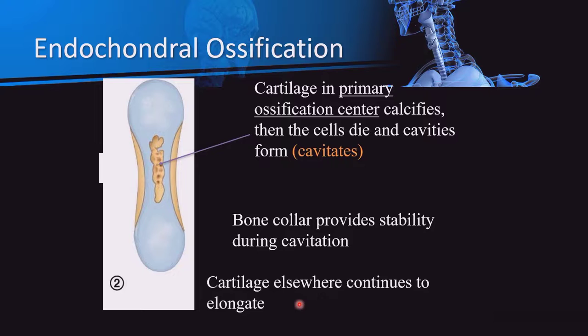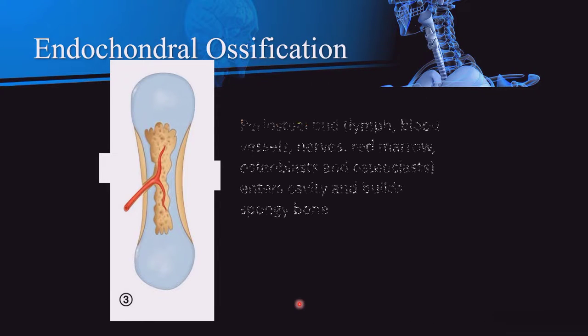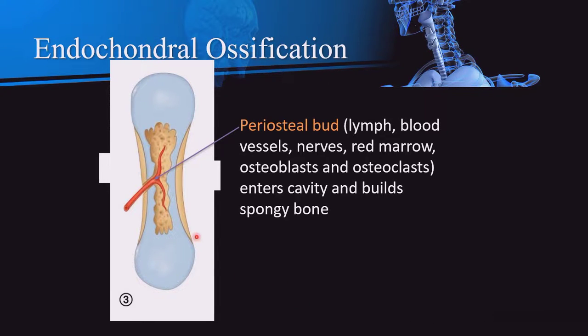In our third picture of endochondral ossification, you can see a red colored line that has been entering into the newly formed cavity or space. In case you forgot what I'm saying about the cavity, you can look at the second picture. Okay, so the red structure in this picture denotes the periosteal bud.